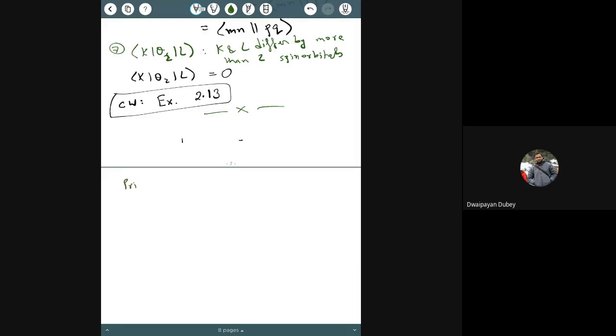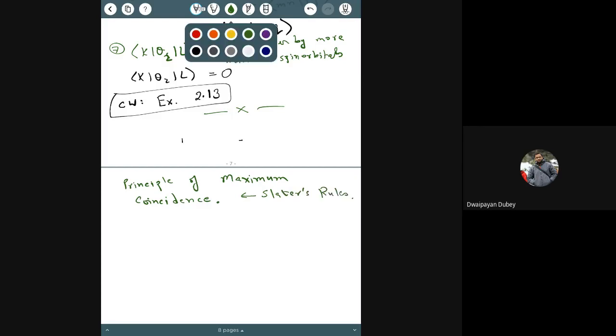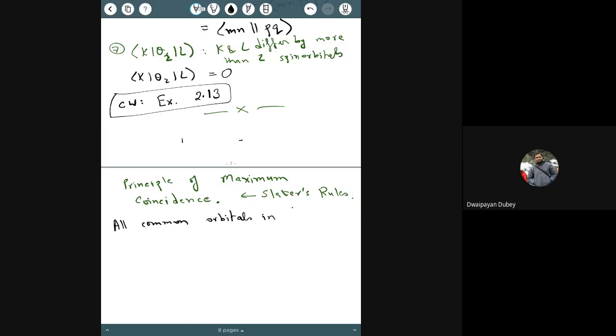So that is the principle of maximum coincidence, which is part of Slater's rules, which says that all common orbitals in bra and ket functions must be in the same order.